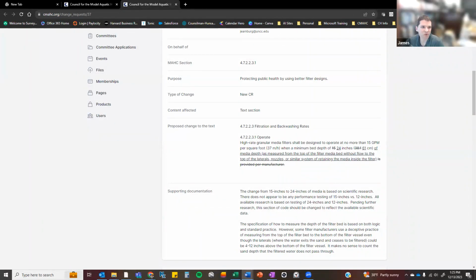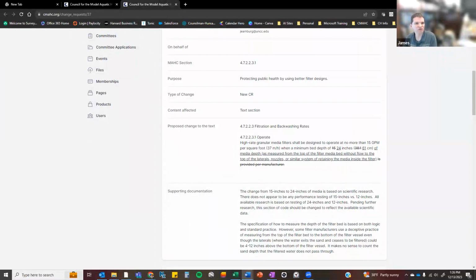So at some point you have to raise the bar. This is my CR. I would probably vote no on it, but I would have probably voted no on the 15 too. But you got to raise the bar at some point. These filters aren't going to work with 24 unless you slow them down to add a coagulant. And unless those changes get made, they're never going to work.